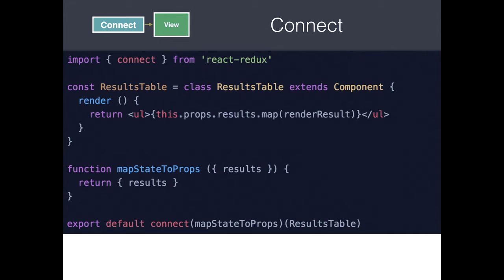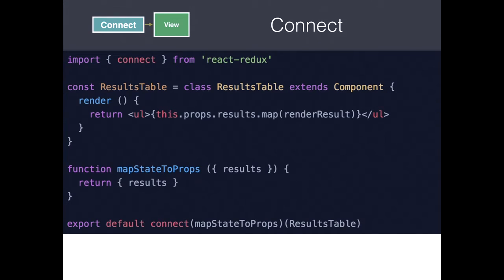But then the important thing is that it's the connected higher order component that your application actually ends up using, not the results table component here. But you only need to manage your results table, the simple DOM component, yourself. And when you test things, for example, you can also test the results table component itself. You can keep everything much simpler.